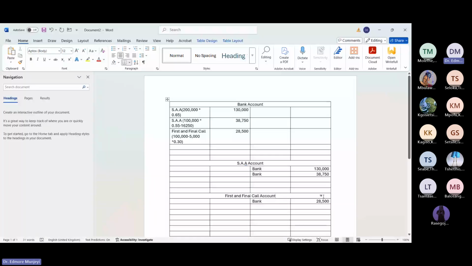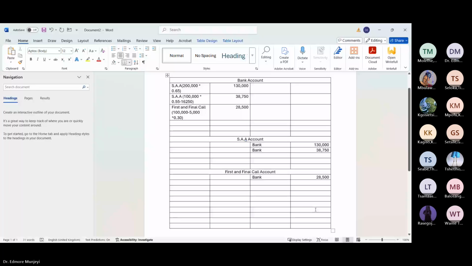And then we have to close some accounts there. Before closing them, we have to open the ordinary share capital account, the OSC account.